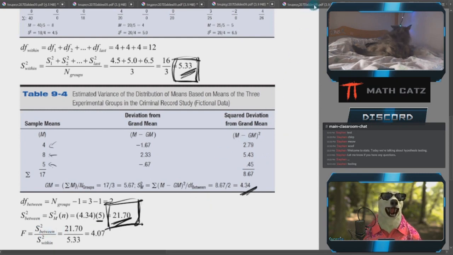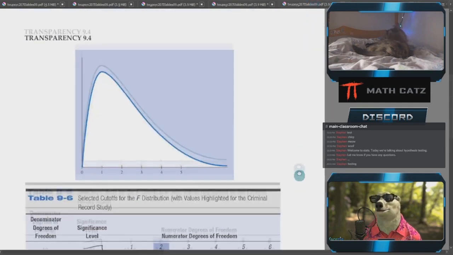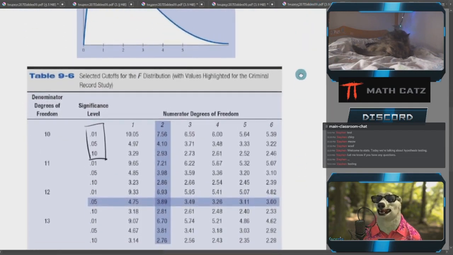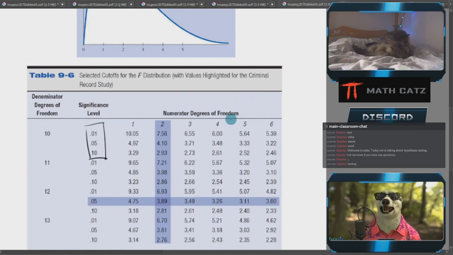When you look at the table, it'll say numerator degrees of freedom. I have 3 groups. That's the number of groups minus 1. So in this example, I'm going to be in the 2 column.